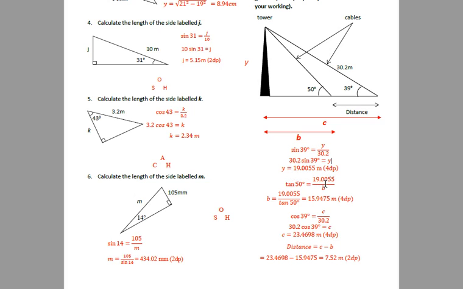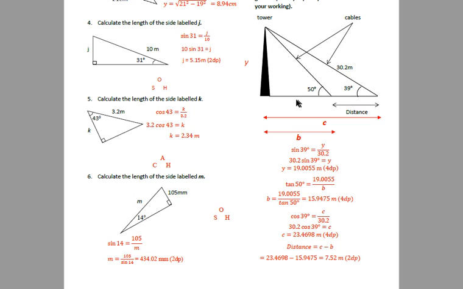Now we're going to figure out our next thing. We want to work out our b value here. So b is part of a smaller triangle. We know the y value, it's no longer an unknown, we've figured it out, and we've got 50 degrees, so we've got the opposite in the small triangle here.